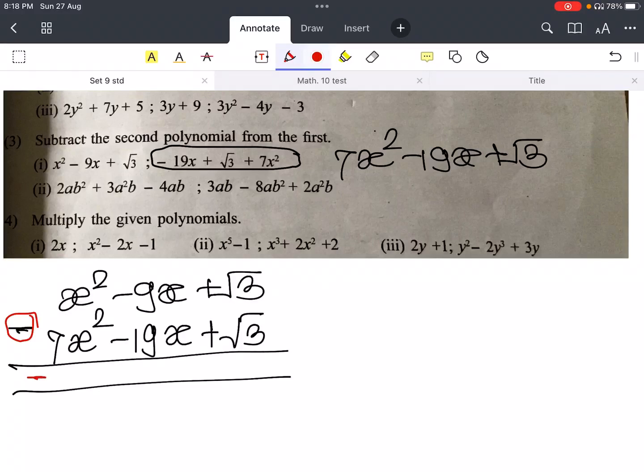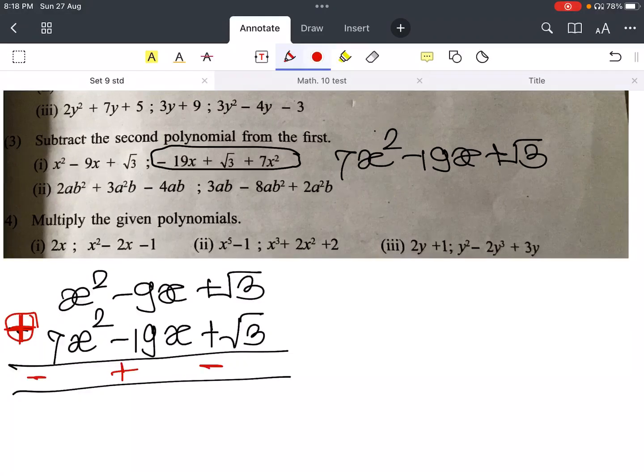Minus 19 becomes plus 19, and plus root 3 becomes minus root 3. Now this plus minus becomes plus. So after the inversion, what happened? Instead of this minus, it becomes plus.